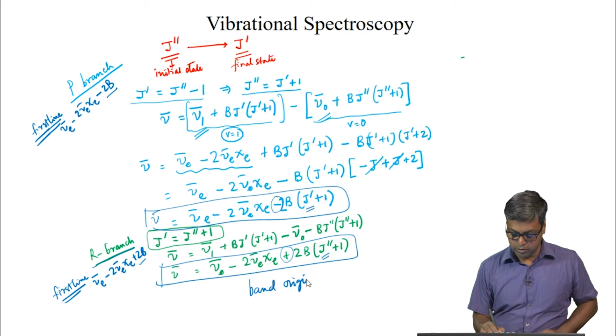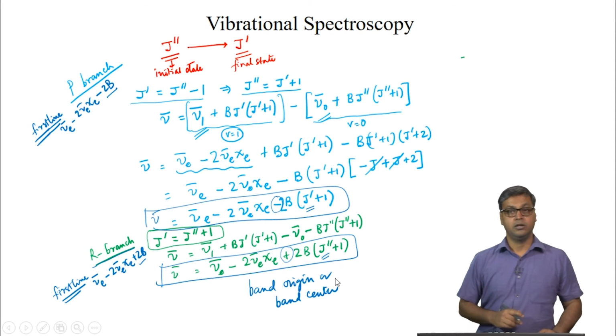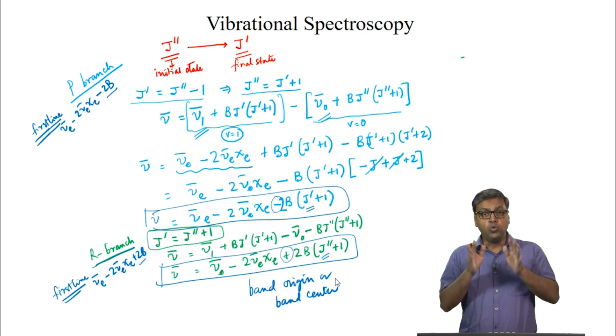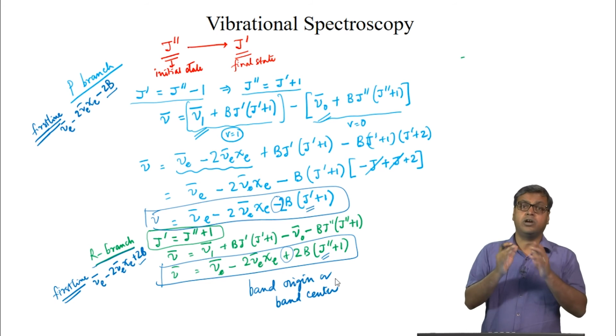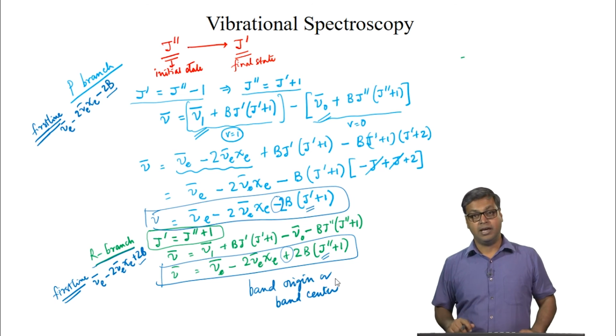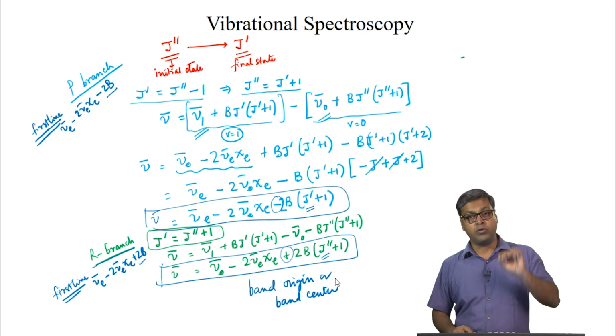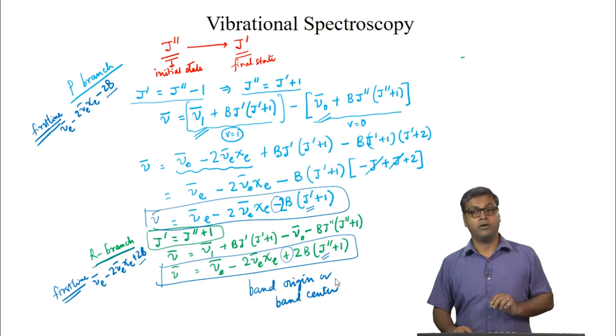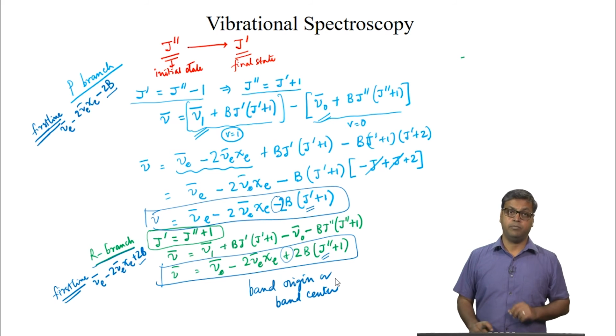origin or the band center. So, there will be two sets of rotational fine structures on either side of this band origin, and this is exactly what we saw in the last lecture for the carbon monoxide spectrum.